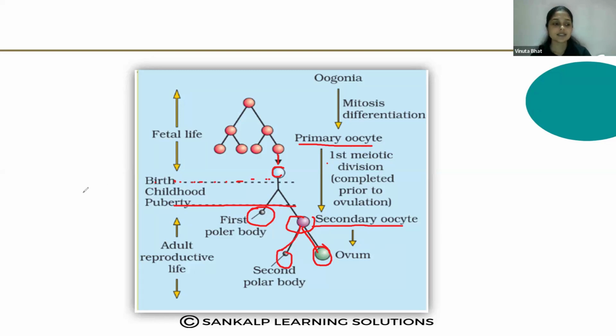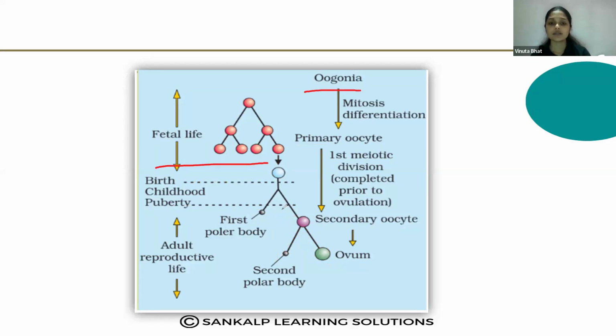So this is what is special about oogenesis. The first thing is that no more oogonial cells are formed after birth. During puberty, the primary oocyte completes the first meiotic division and forms the secondary oocyte.